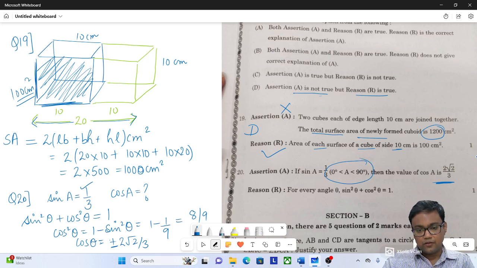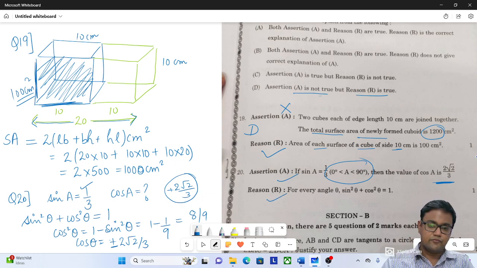Second quadrant में cos होता है negative, third में भी cos negative होता है, ठीक है, तो हमें तो लेना ही नहीं है. We only have to take 2 root 2 by 3, the positive value of cos theta. So, reason is right, assertion is right, and reason is the correct explanation for the assertion. A is the right option.